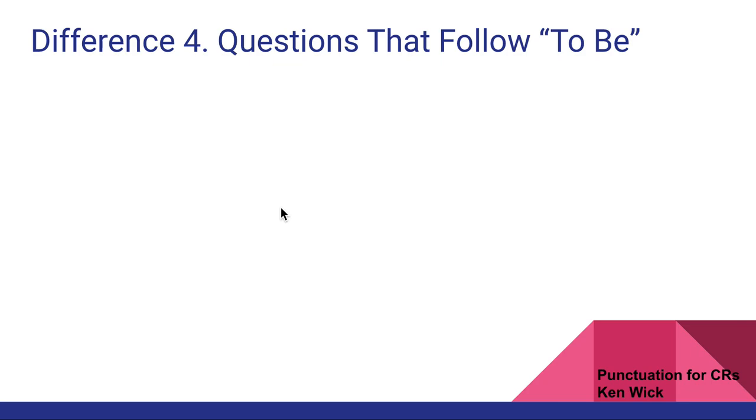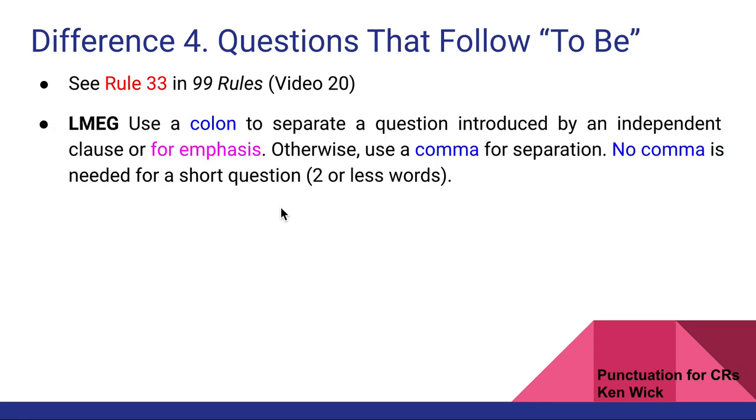Difference number 4 is questions that follow to be. This is Rule 33 in the 99 Rules, or video number 20. So LMEG says use a colon to separate a question introduced by an independent clause, or for emphasis.